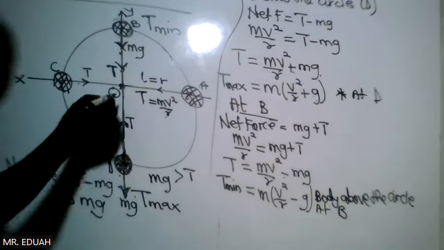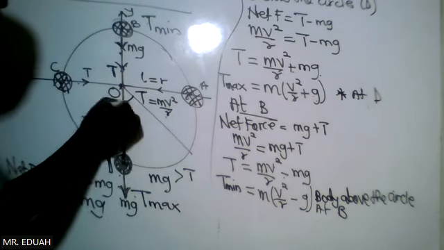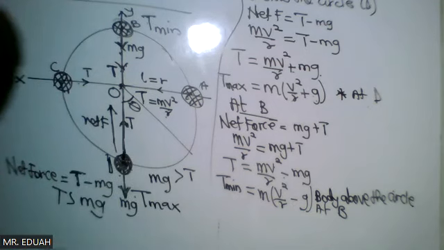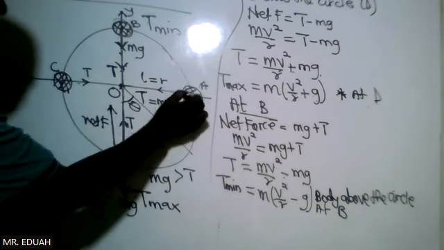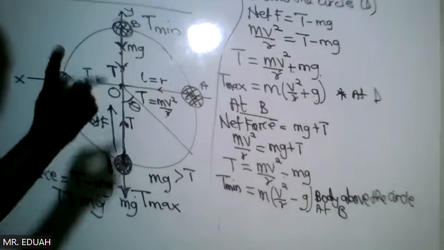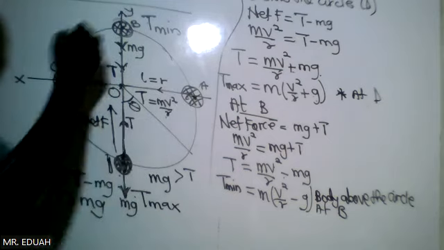In our next meeting, we'll look at what happens in between, when the body is at any angle theta. Over here, we've looked at this, and this. This is the same as this, so it's like having looked at three positions.